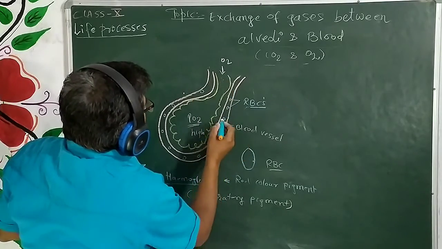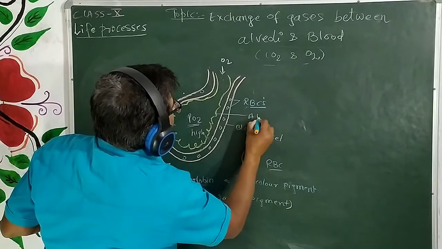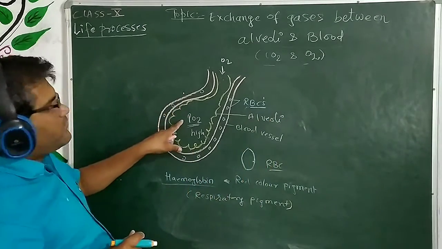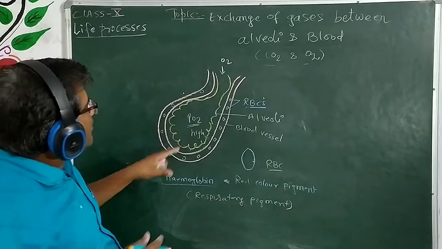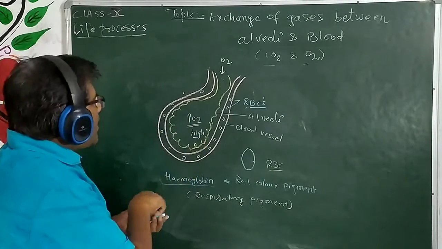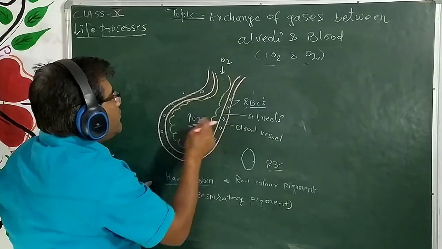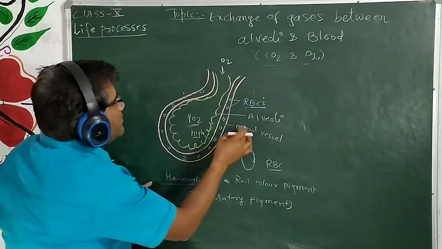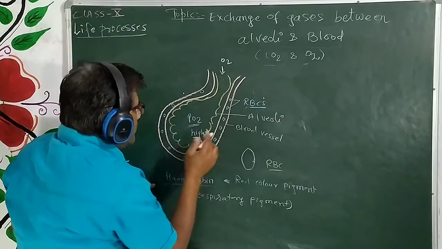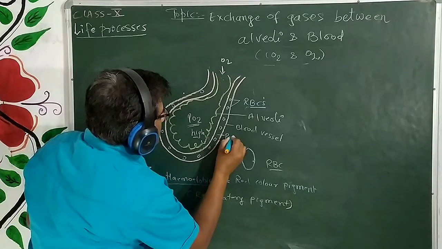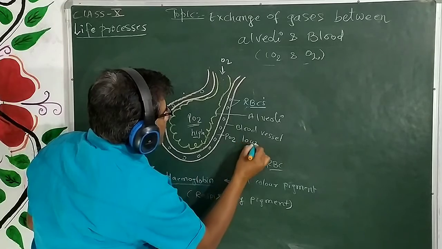In the alveoli, the partial pressure of oxygen is high, but outside the alveoli there is a blood vessel, and in the blood vessel the partial pressure of oxygen is low.